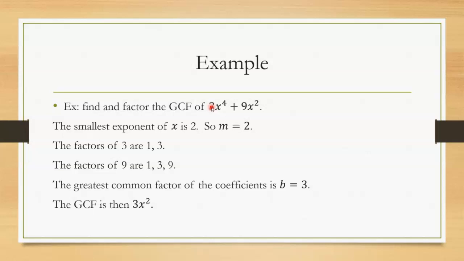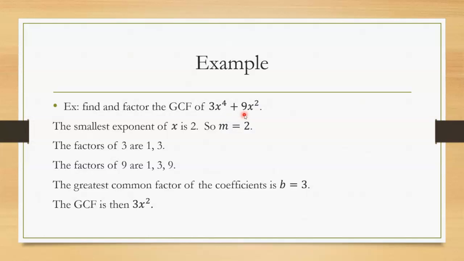So the GCF, right, is b, which is 3, times x to the m, x squared. So 3 times x squared is the GCF here. Okay, so that's good. We have that.